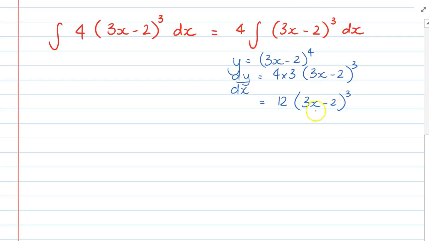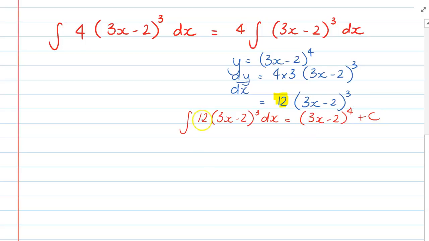Again, you can see how similar these both are with the exception of this constant. So I can make a quick statement and say that the integral of 12 outside of (3x - 2) to the power of 3 dx is equal to (3x - 2) to the power of 4 plus c.